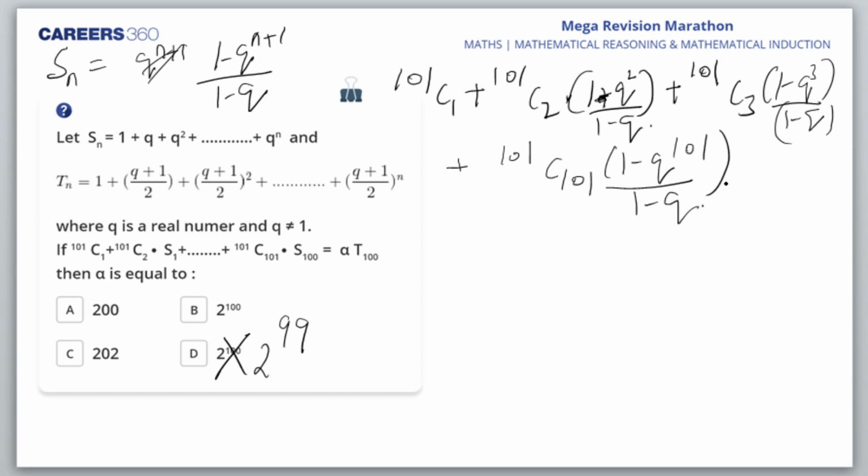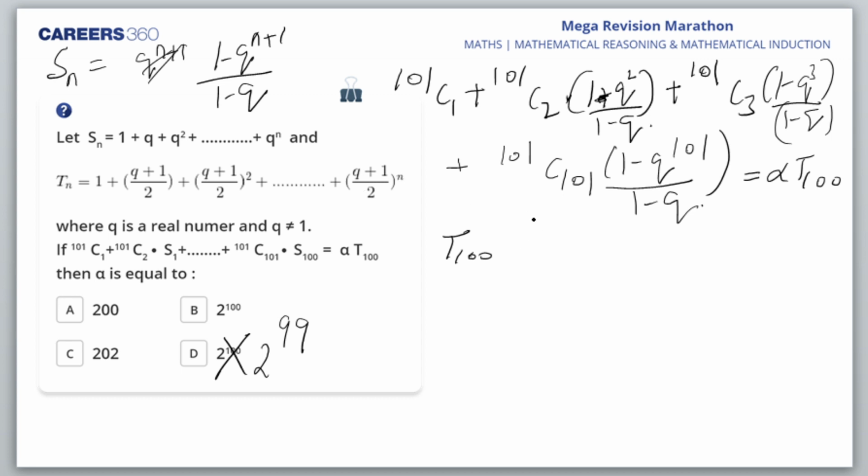Now, this is given to me as alpha into T100. Am I right? Now, what is T100? Can you find out? T100 is, if I put 100 here, a GP of 101 terms.